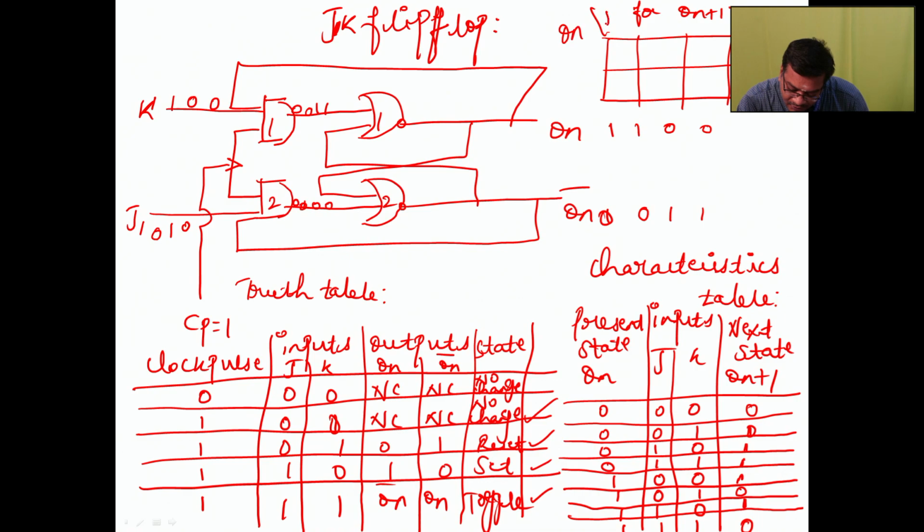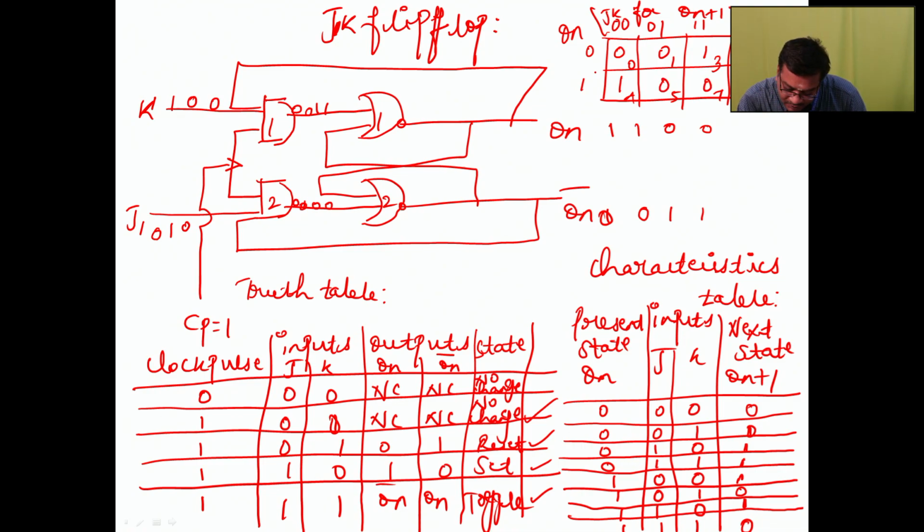So Qn, J, K: 0 0 0, 0 1 1, 1 1 0, 0 1 0, 1 ... we will get 0 0 1 1, 1 0 1 0 1, 0 0 1.